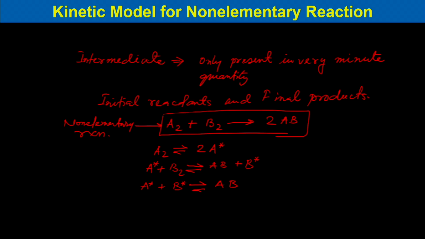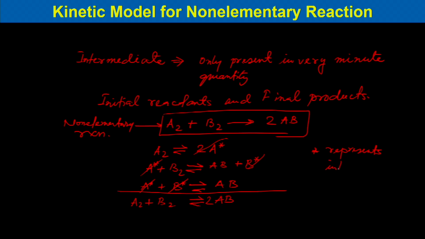So, if you look at the overall reaction, you can see that this cancels out, this cancels out, and you will get A2 plus B2 forming twice AB, and this star represents intermediates.